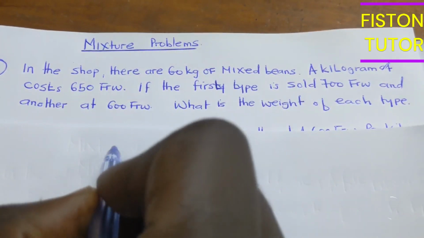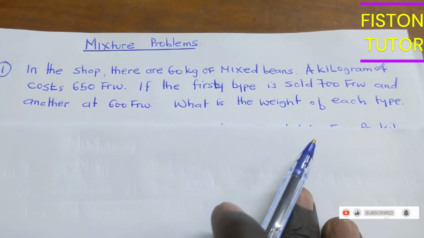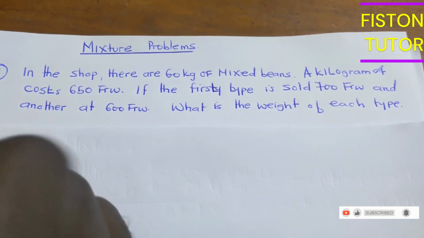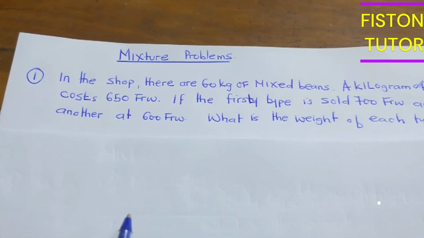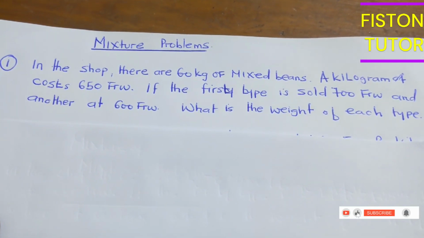So in solving the problem, we must show the requirements or the given data. Here we have been given 60 kg of mixed beans.